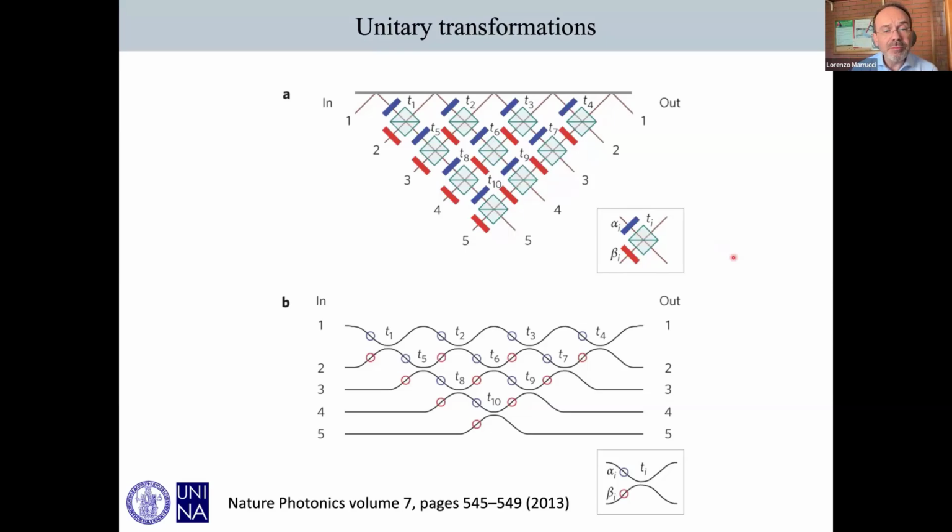The same concept can also be achieved in an integrated approach, for example, using waveguides, as shown in panel B, and the concept is similar. The waveguides can define beam splitters by having two waveguides coming close together for a while, and then you can have phase shifters to control the transformation.